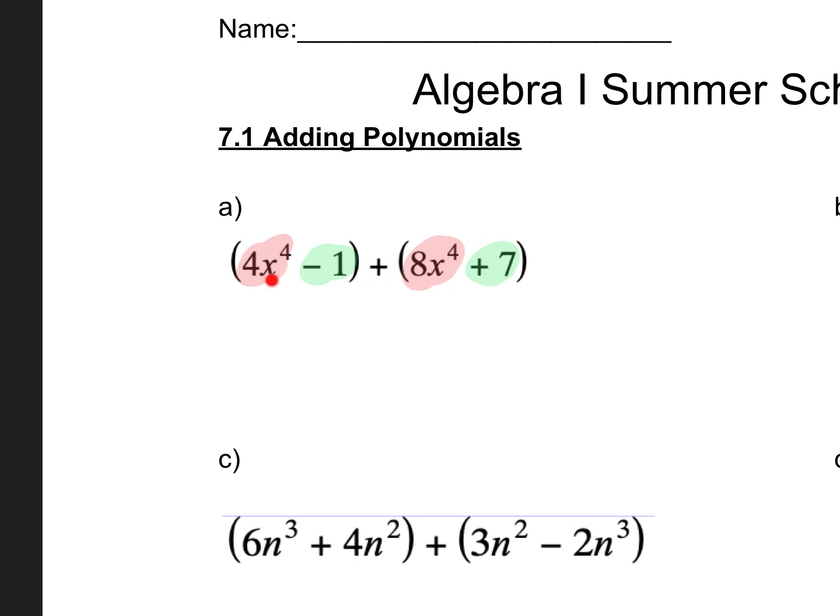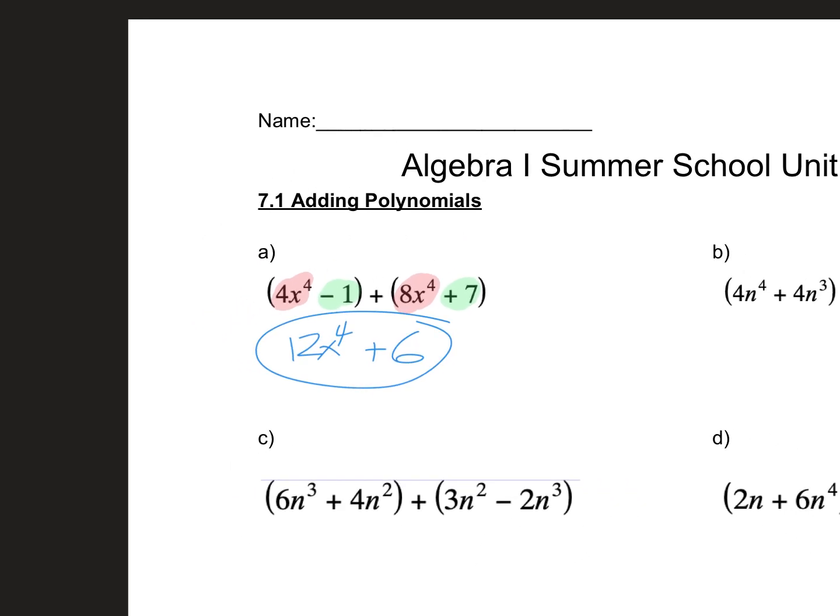First, 4x to the fourth plus 8x to the fourth, we are going to add the coefficients, so 4 and 8. That would be 12, and our variable does not change when we add the terms together. So 12x to the fourth, and then if I combine -1 plus +7, you can use your calculator if you need to, but that should be +6. So we're just finding the like terms and combining them.